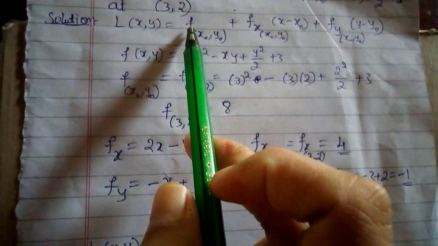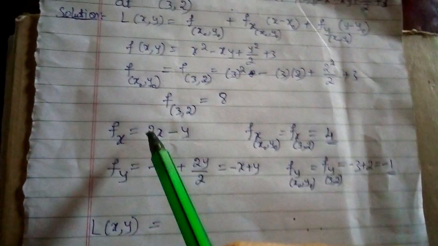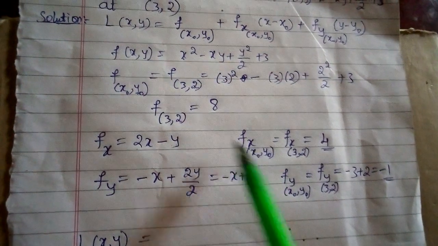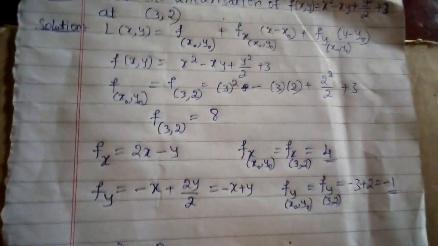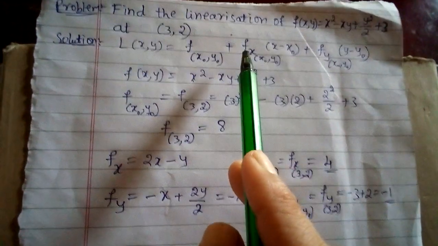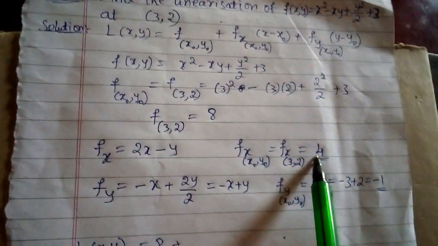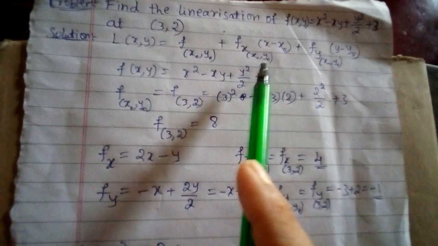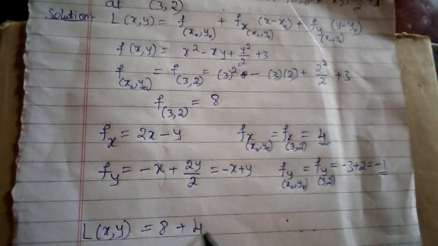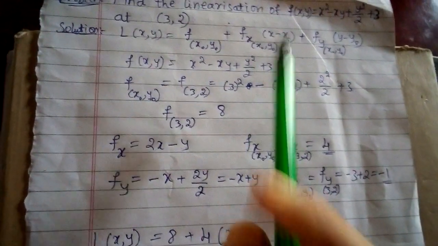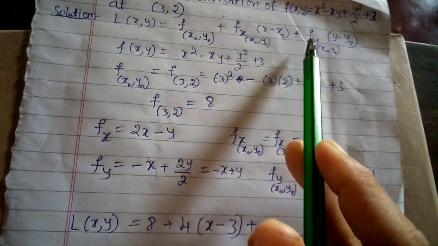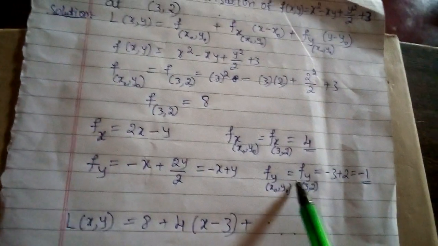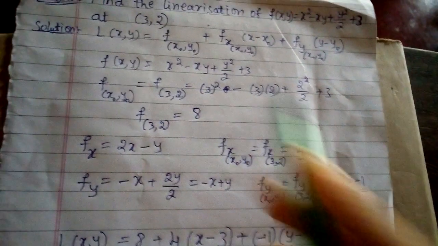In the place of f at (x₀,y₀) we get 8, plus in the place of fₓ at (x₀,y₀) we get 4, the partial derivative of f with respect to x at point (3,2), into (x − 3), plus in the place of f_y at (x₀,y₀) we get −1 into (y − 2).